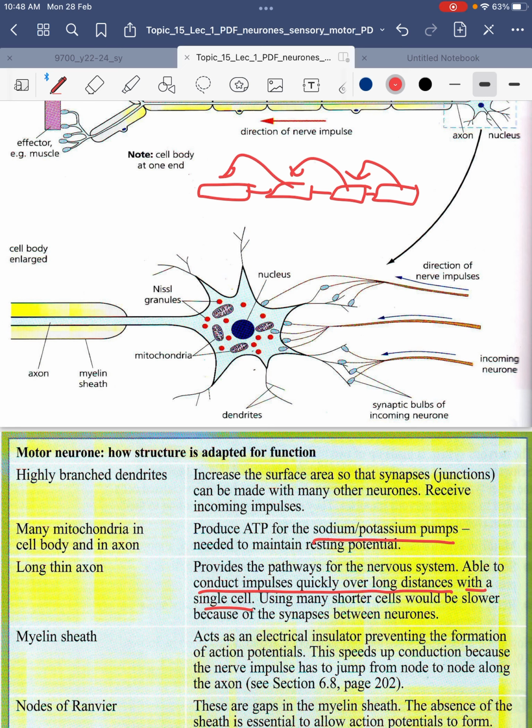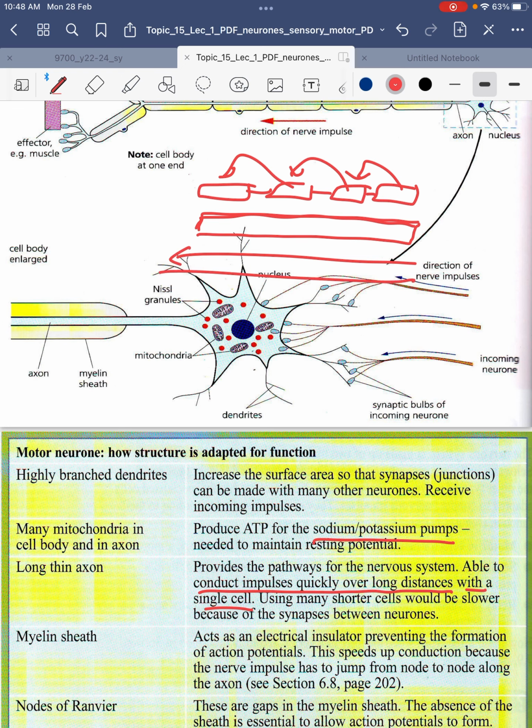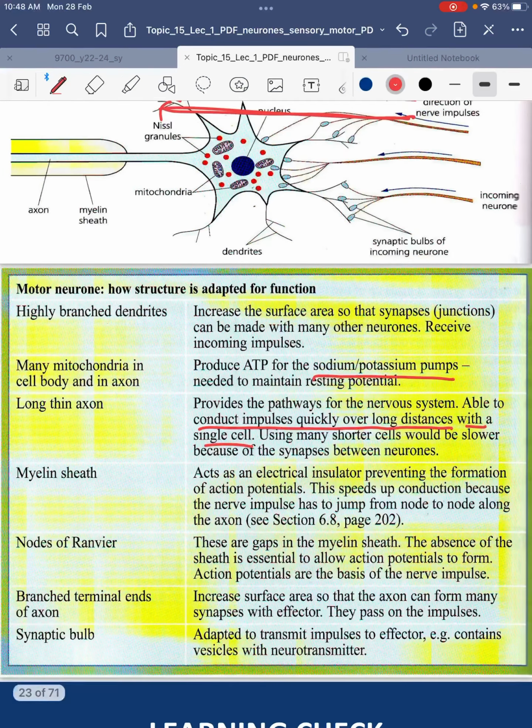So it will take more time. But if it has a long axon, a single neuron, the information can be transmitted faster. So that's the meaning of long and thin axon.